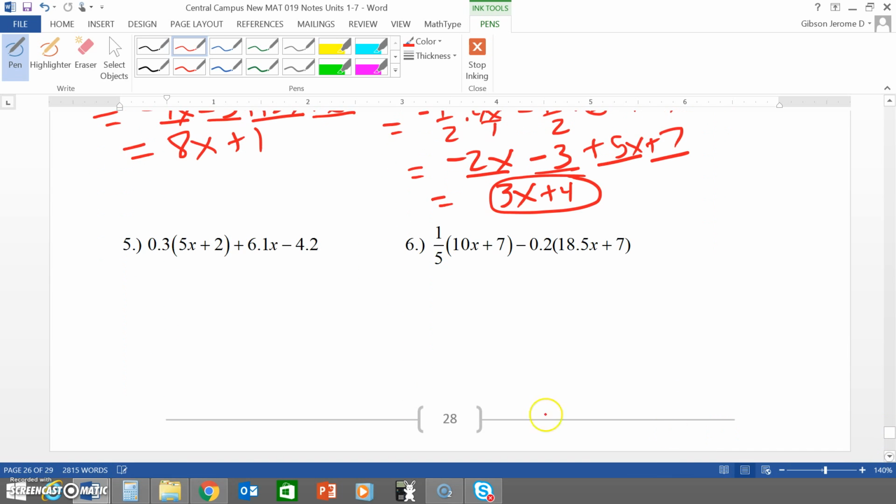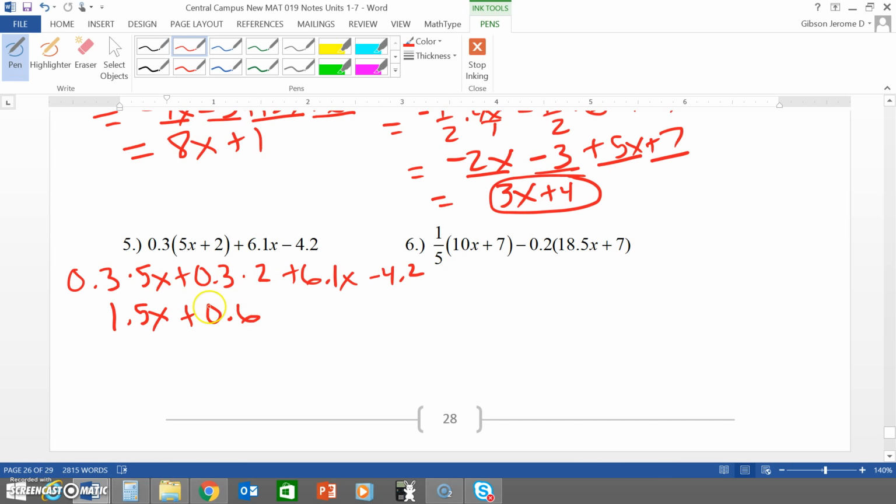Now we go here to numbers 5 and 6. We have 0.3 times 5x plus 0.3 times 2 plus 6.1x minus 4.2. So 0.3 times 5x is 1.5x. 0.3 times 2 is a positive 0.6 plus 6.1x minus 4.2.